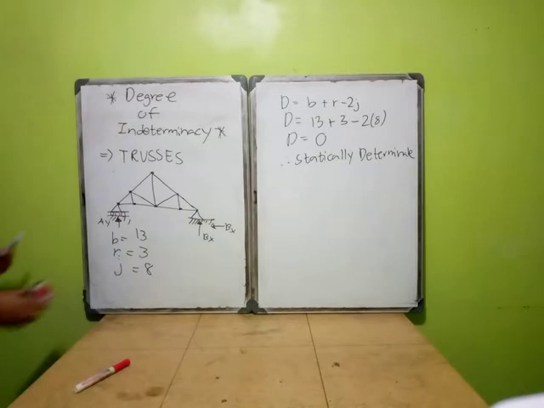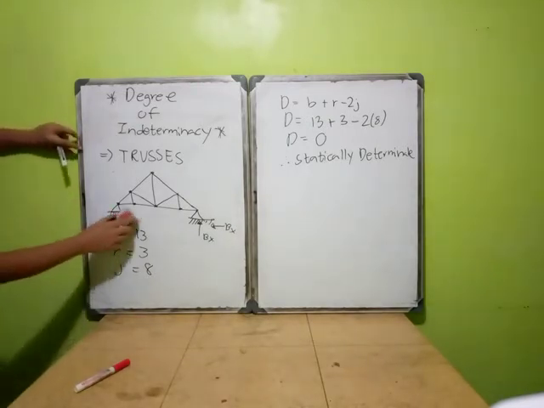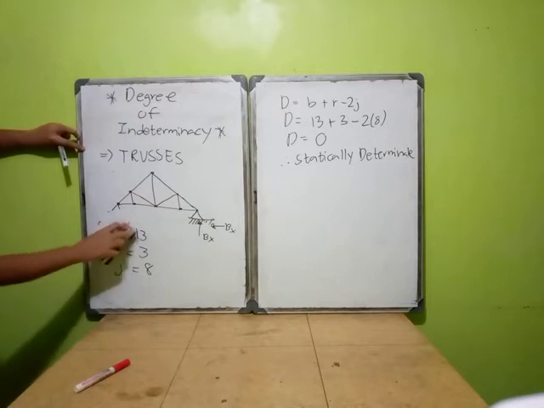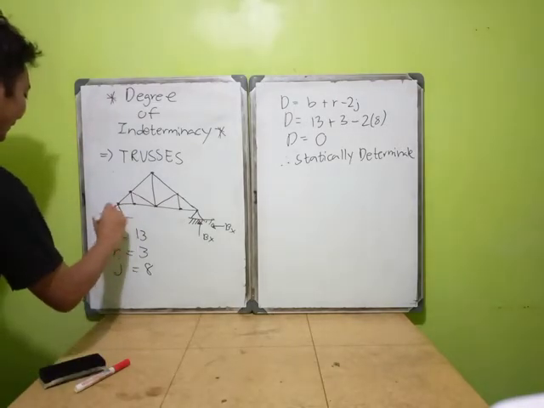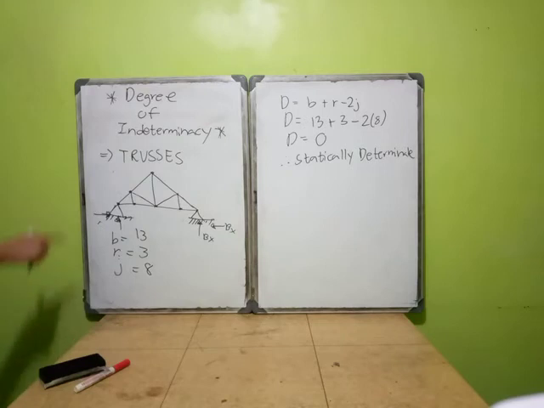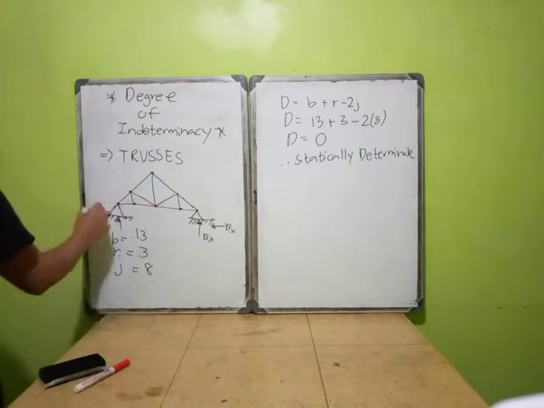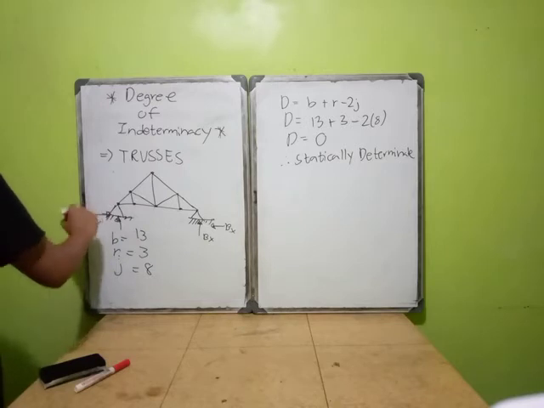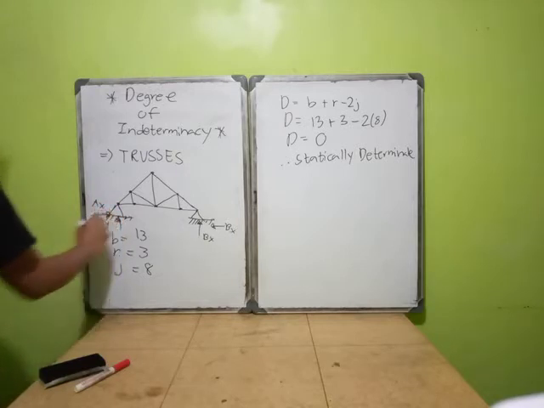So, what if yung AY niya naging pin din? Okay? So, what if naging pin din to? Ano mangyayari? So, ibig sabihin, hindi siya tatakbo in any side kasi restrained siya in both vertical and horizontal direction.